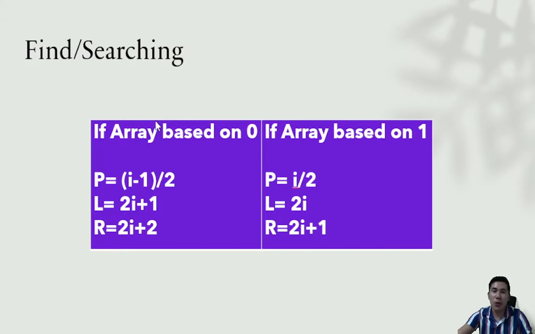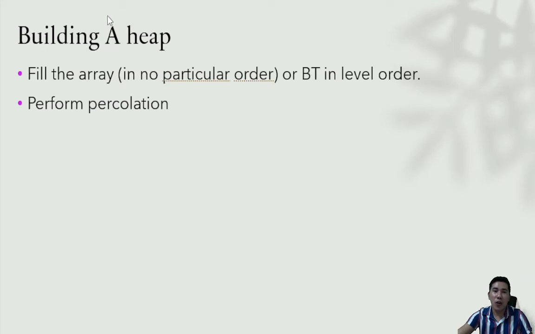Again, you follow this formula depending on what is asked, whether it is array-based on 0 or array-based on 1. And later on, we are going to build a heap.